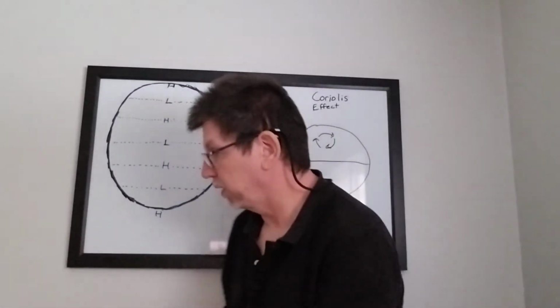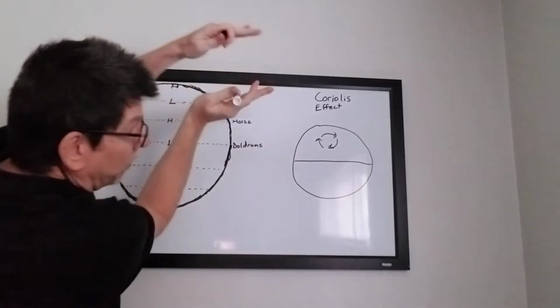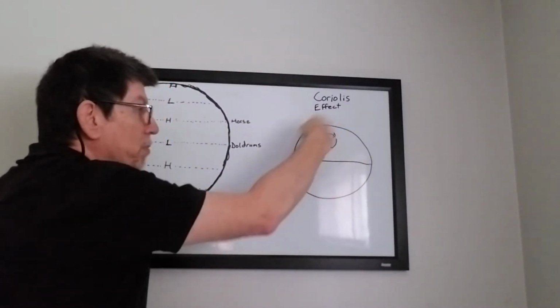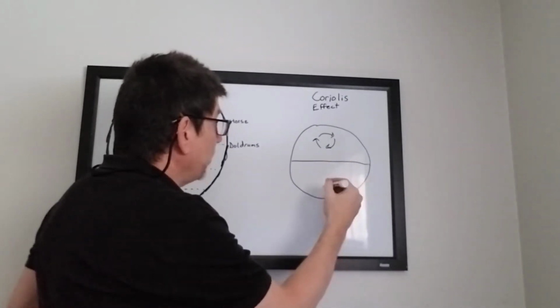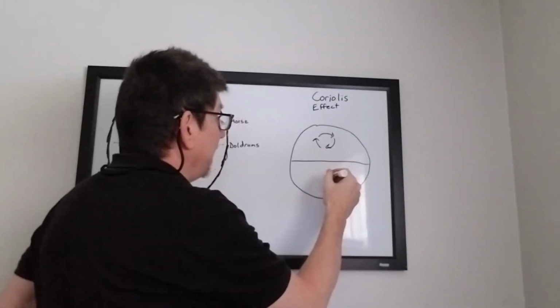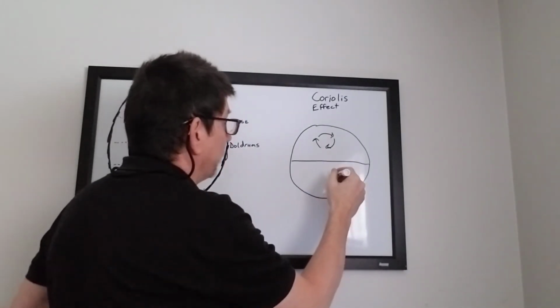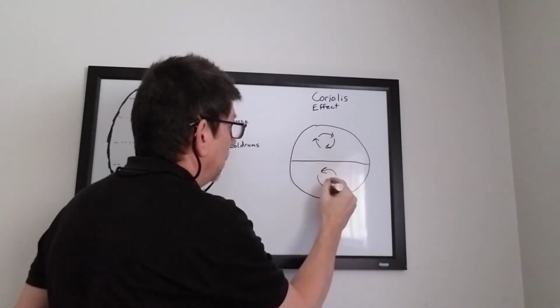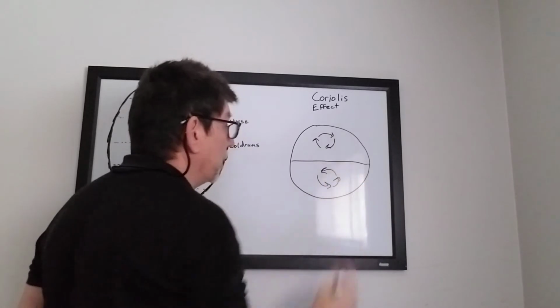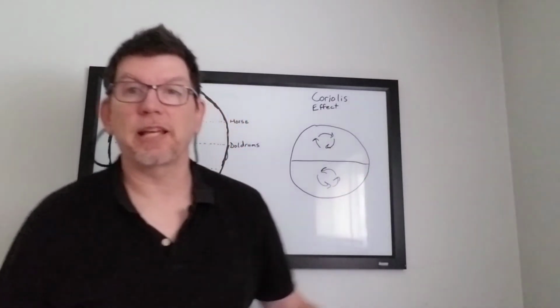And if you're coming this way, you're going to bend up and around that way. So you're always moving in a clockwise motion. Whereas in the southern hemisphere, it goes counterclockwise. It moves backwards from the northern hemisphere, and that's just because it's in the south.